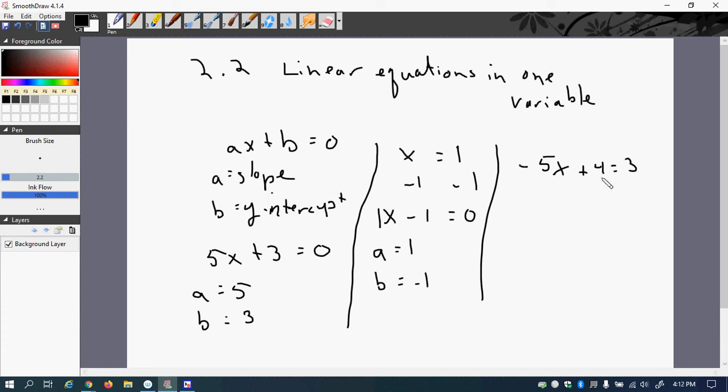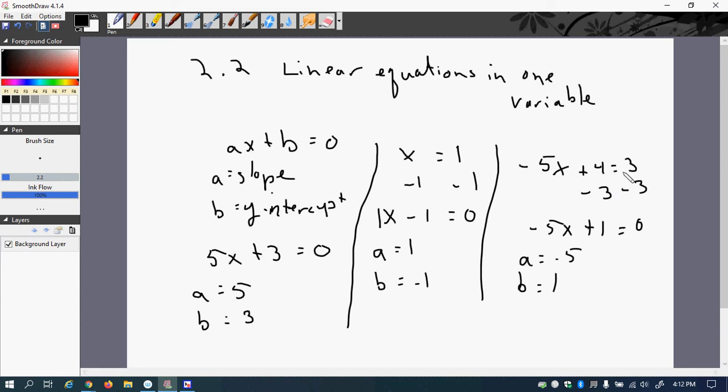We want it to have a 0 here, so we go ahead and subtract 3 from both sides. Then we get negative 5x plus 1 equal to 0. Now it does take on that form, and a is negative 5 and b is 1. That's a nice thing to see, that it does take on that form when at first it may not have looked like it did.